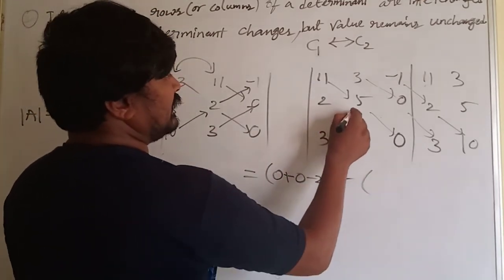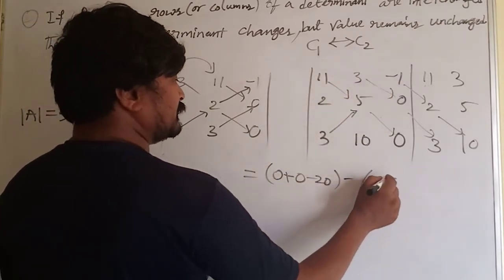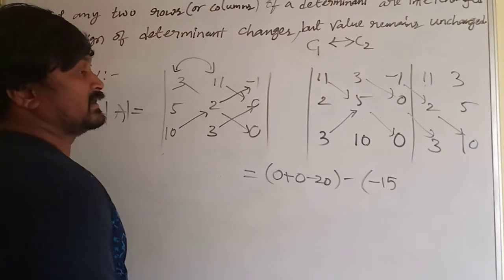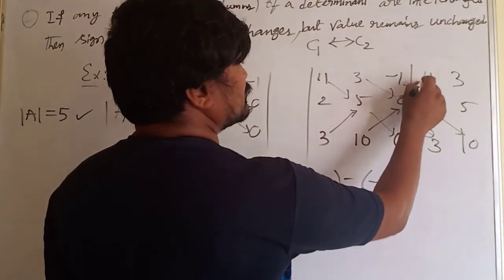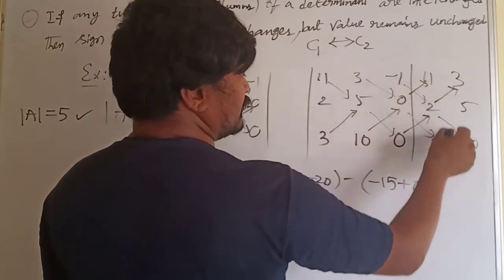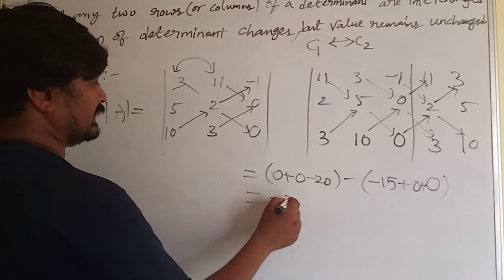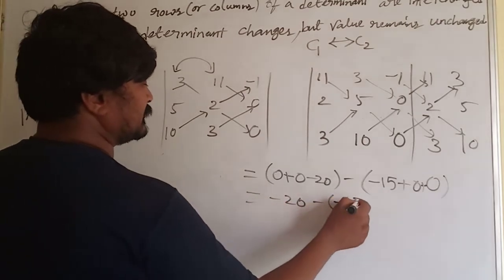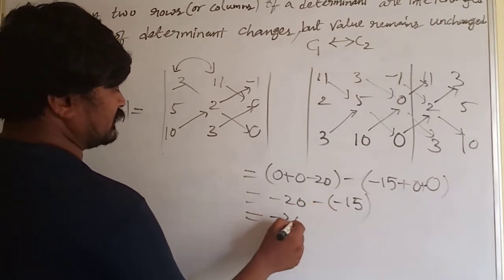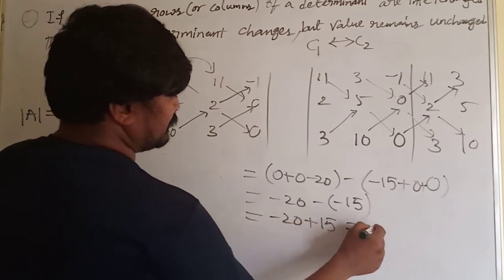Next, 3 into 5, 15, 15 into minus 1, minus 15. Next, 10 into 0, 0, 0 into 2, 0. So now what you got? Minus 20 minus of minus 15, so minus 20 plus 15, which means minus 5.